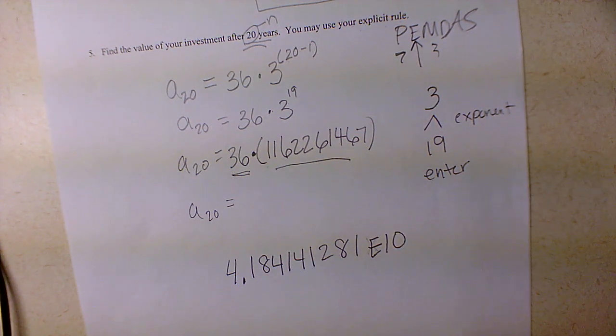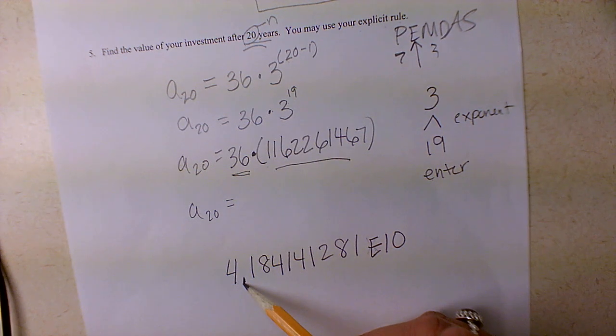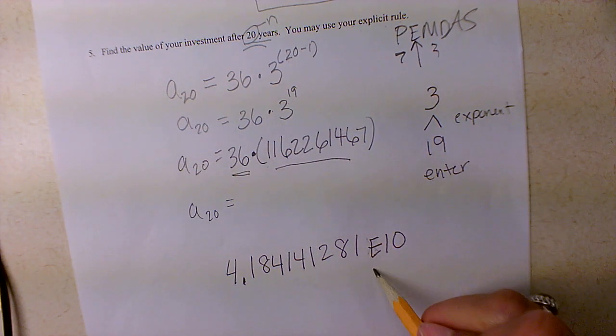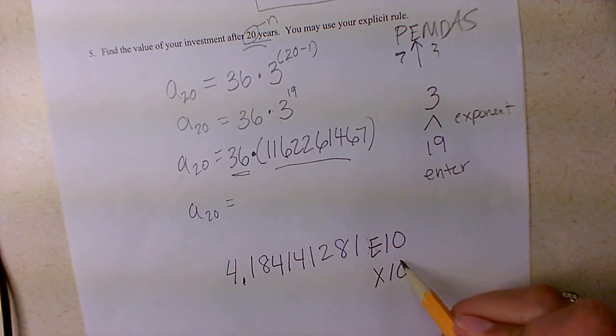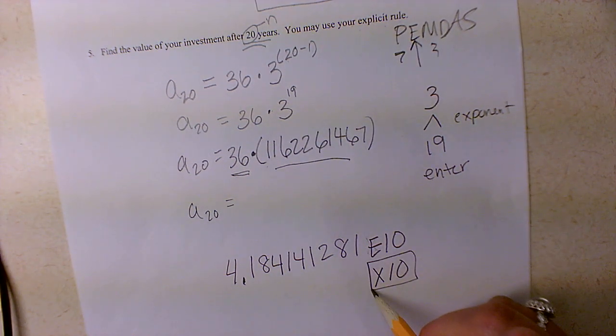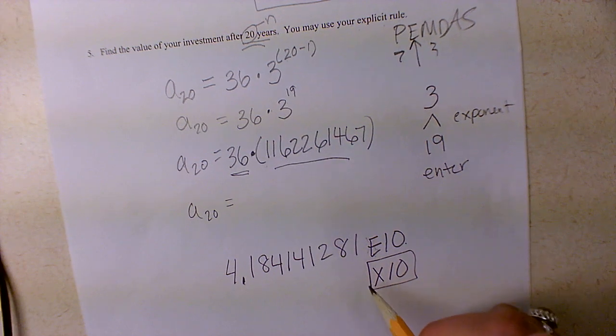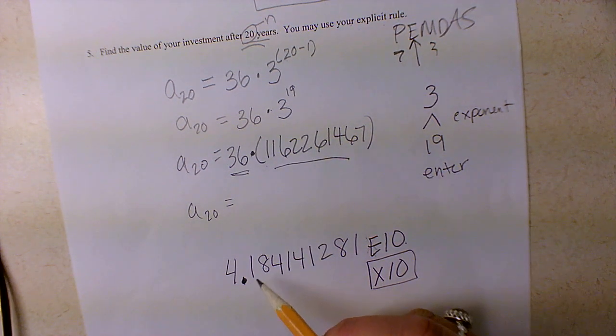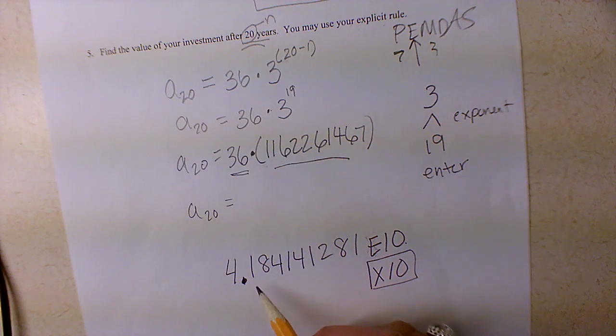And this is scientific notation. This means that we're not getting $4.18 back. We're getting a whole heck of a lot more money. This is really times 10 to the 10th. So this E10 means we have to move this decimal point 10 places to make this number really big. So that means we're moving it 10 places to the right.